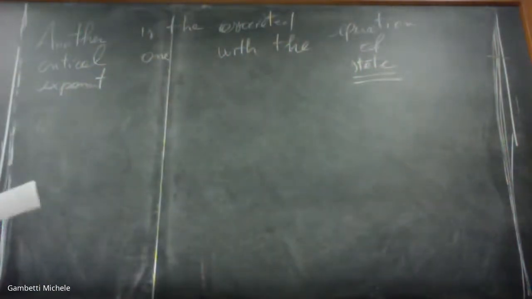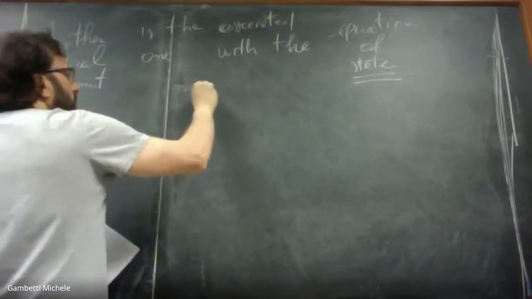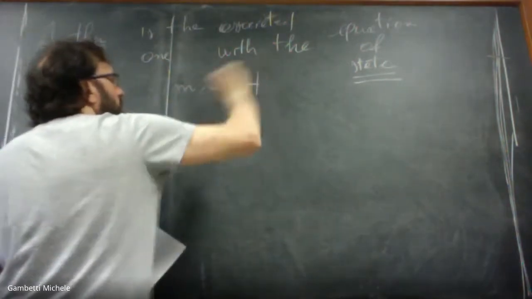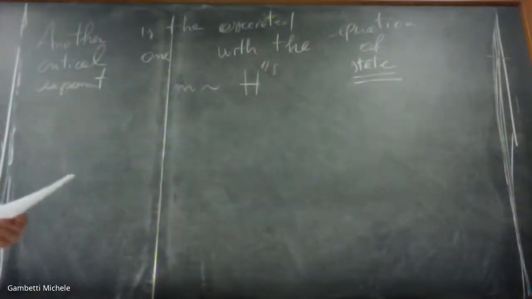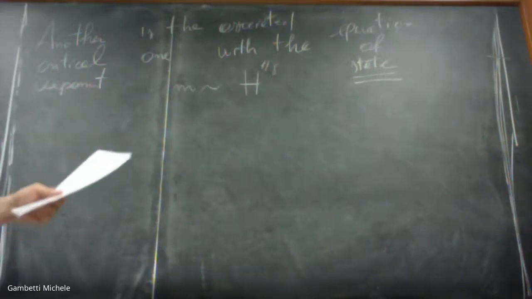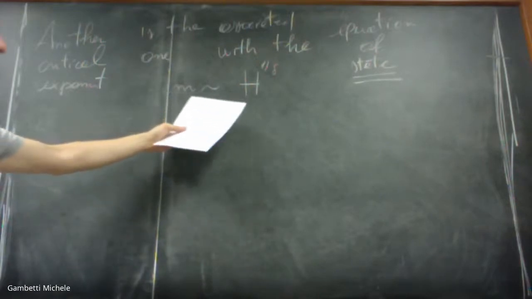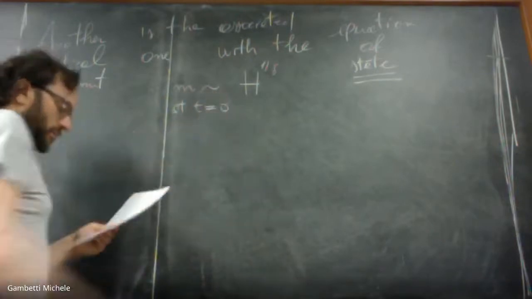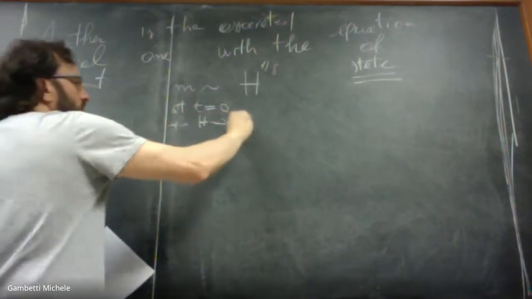And basically, the other critical exponent is the scaling of M, the magnetization, as a function of H. And here, for reasons which are now really tradition, one introduces a critical exponent, which is delta, and one writes M at t equals 0, and for H approaching 0.